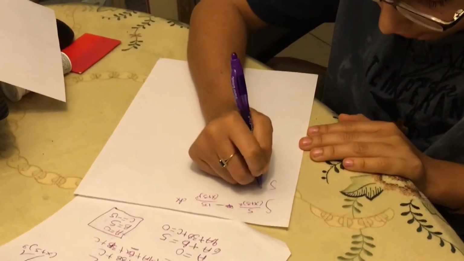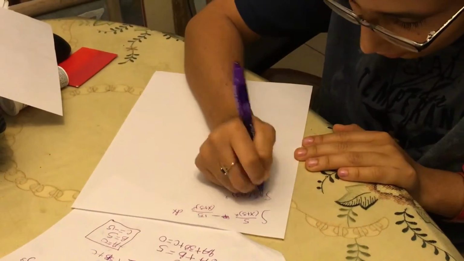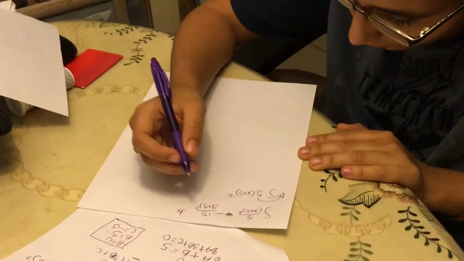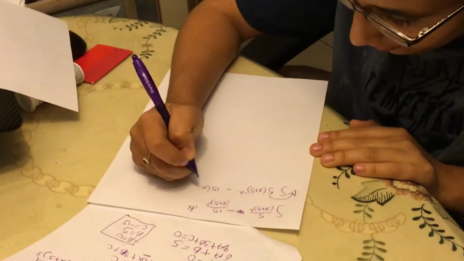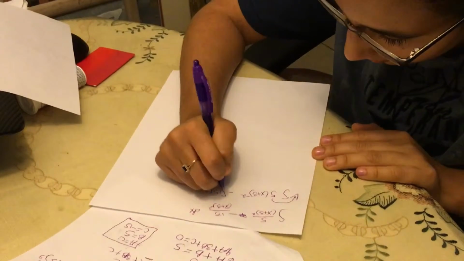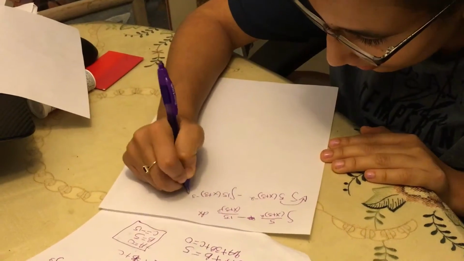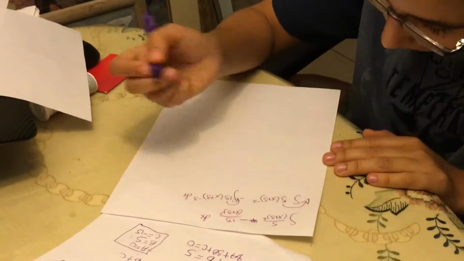So this is equal to 5 times x plus 3 to the -2. You can take the 5 out because it's a constant. Minus 15 times x plus 3 to the -3 dx. You can also take this out because it's a constant.